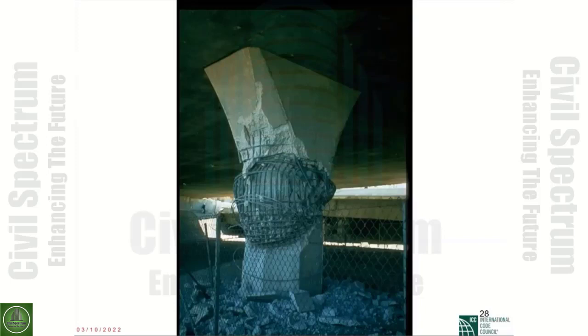The flare has an effect on the location of the plastic hinge, shifting it from the top of the column to the location you see here. This is a very short column, so the shear becomes very high, and with the lack of lateral reinforcement, you tend to see buckling of the longitudinal bars.